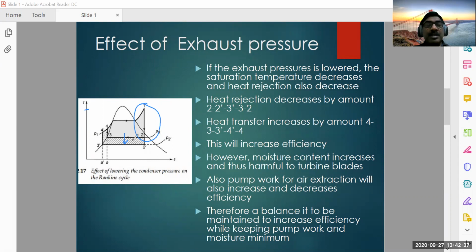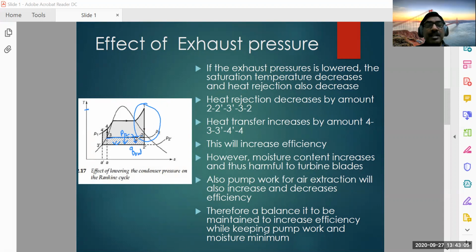That means normally if the exhaust pressure remains at P2, this much amount of work we are not going to get. Here typically the heat will be rejected.